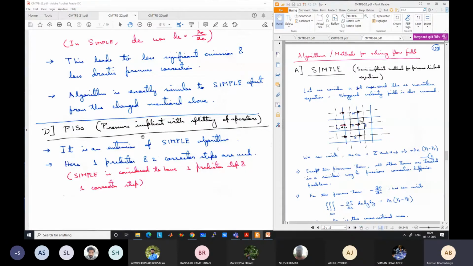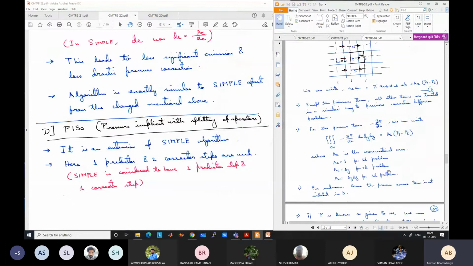Let us try to understand what it is. It is an extension of the SIMPLE algorithm, and here we use one predictor and two corrector steps, in contrast to SIMPLE, where we had one predictor and one corrector step. I will come to what I mean by predictor and corrector steps.